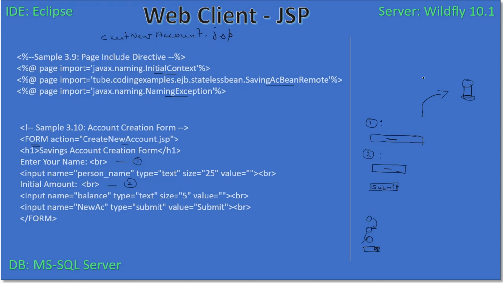The bean object will make use of the persistence manager, and it will use this extracted information and send it to the persistence manager. The persistence manager will persist the entity to the database.